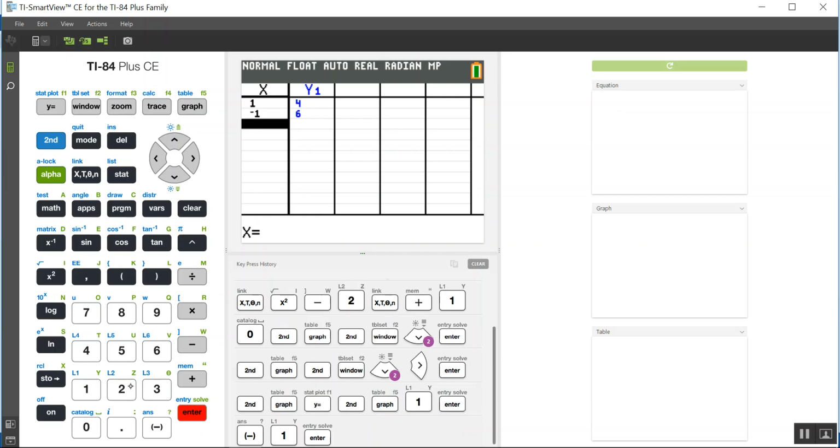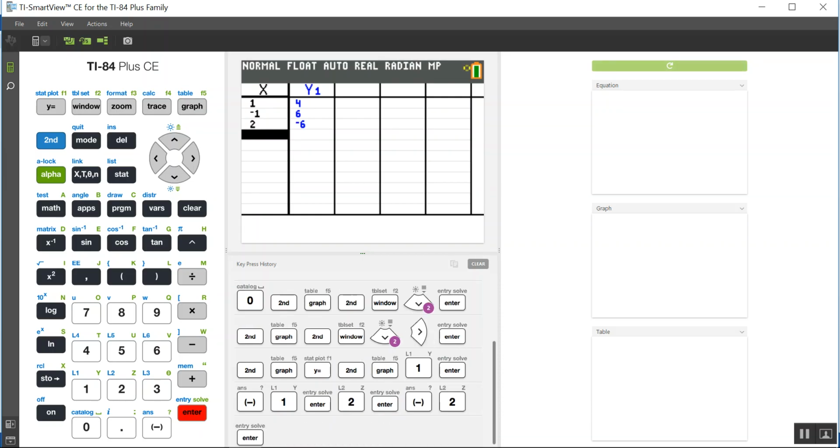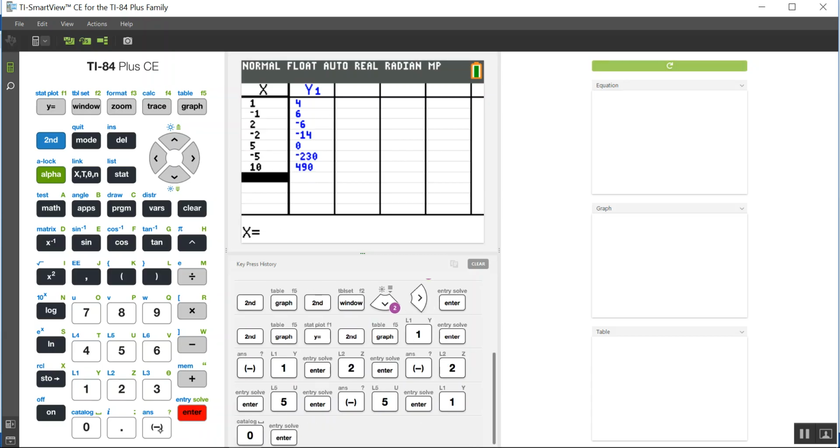Nope. Positive 2? Nope. Negative 2? Nope. Positive 5? That works. Let's keep going. Negative 5? No. Positive 10? Nope. And negative 10 doesn't work. So my only rational root is x equals 5.